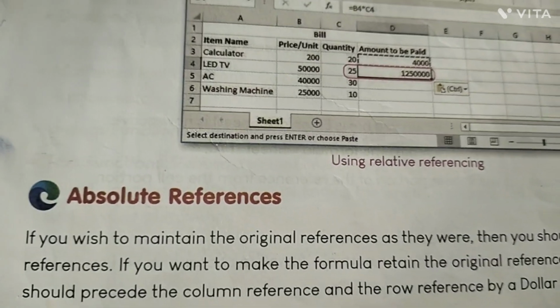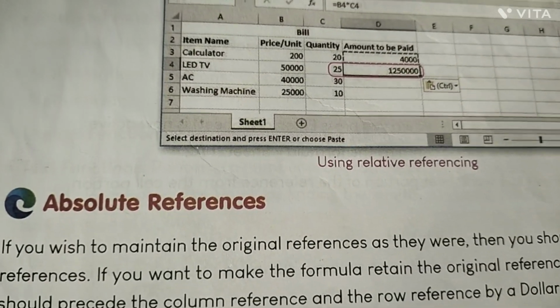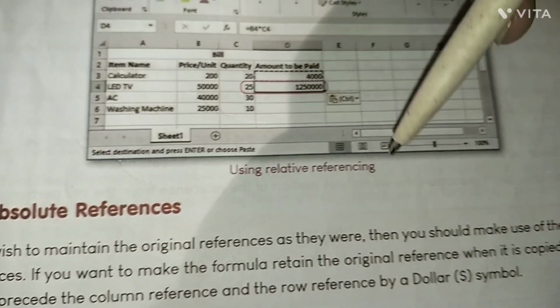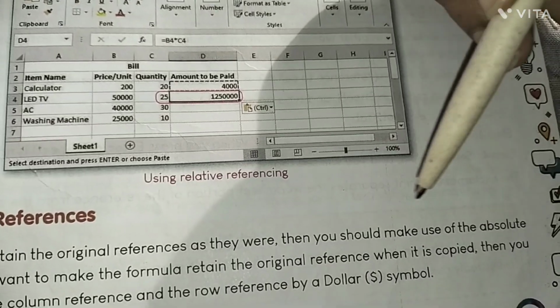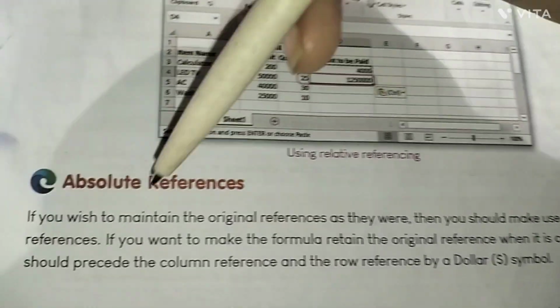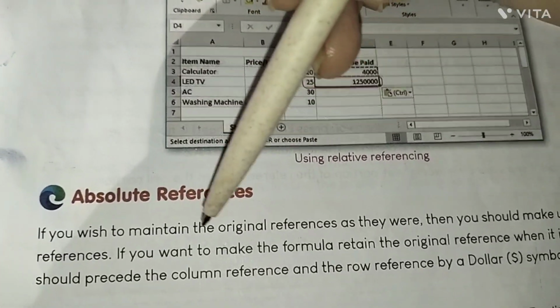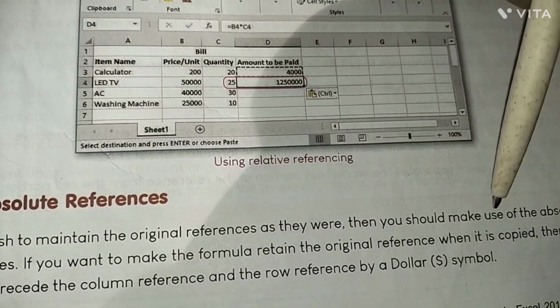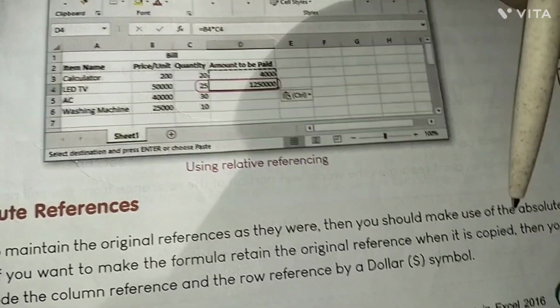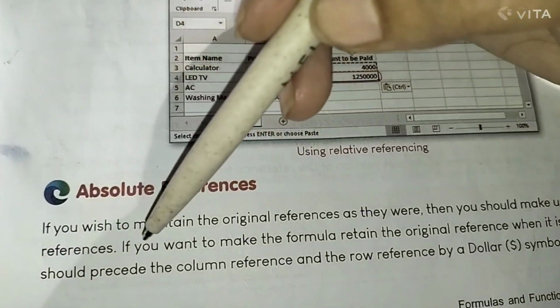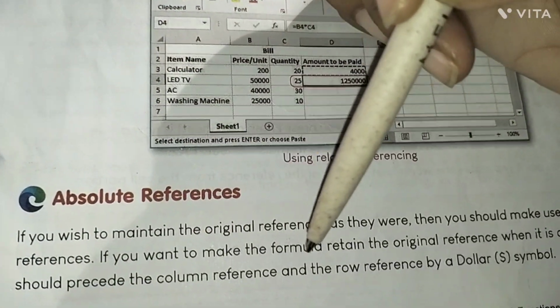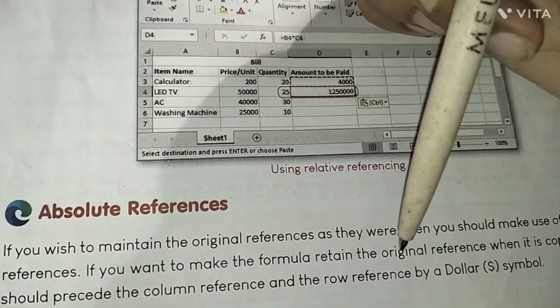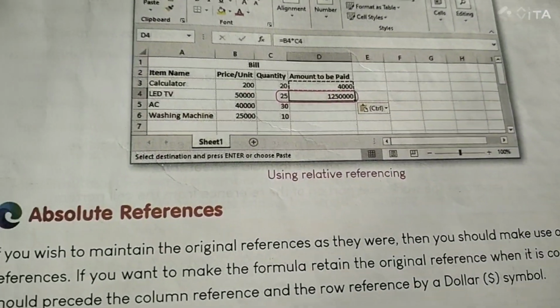Absolute reference. If you wish to maintain the original reference as it was, you should make use of the absolute reference. If you want the formula to retain the original reference when it is copied, then you should precede the column reference and the row reference by a dollar symbol.